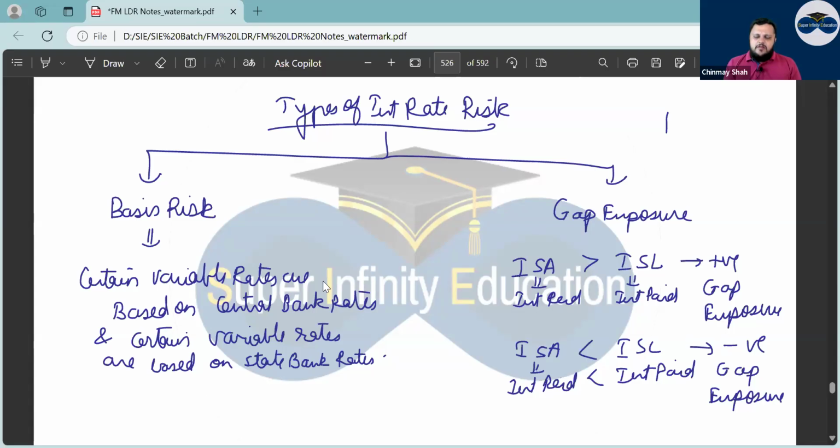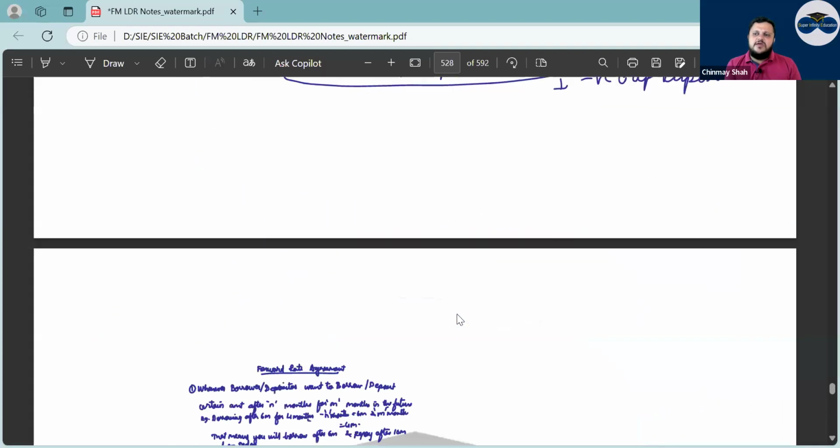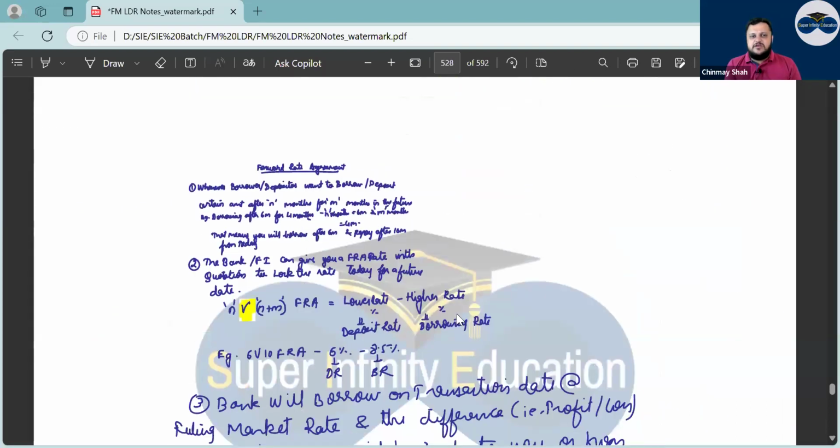So you have LIBOR, you have MIBOR. LIBOR is based on what? The London market, correct? MIBOR is based on what? The Mumbai market. Is there one variable rate all over the world? Even in India, you have the Mumbai Interbank Offer Rate. You have a different rate for borrowing in India, correct? So those are different rates that are based on different bases, correct?